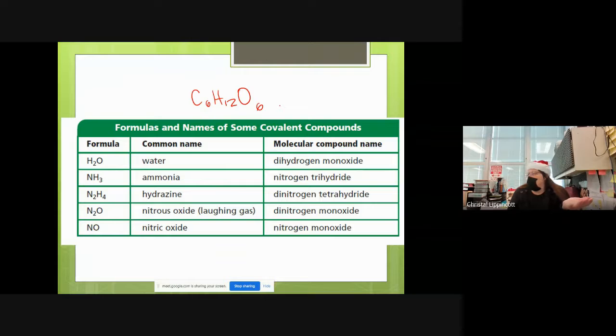You know that this is glucose. In an ionic compound, this ratio of 6 to 12 to 6 wouldn't happen, because that's not the simplest ratio. The simplest ratio would be 1 to 2 to 1. So covalent compounds can end up with ratios that are not in their simplest forms, and that's okay with covalent.